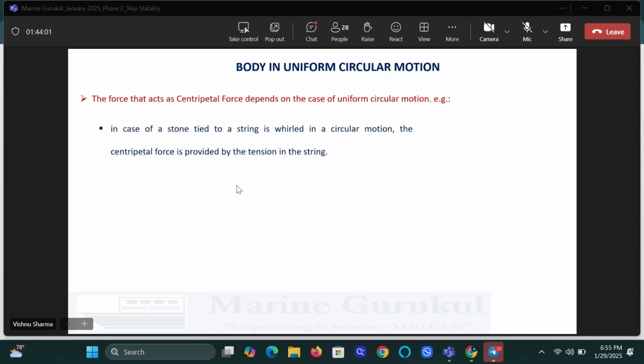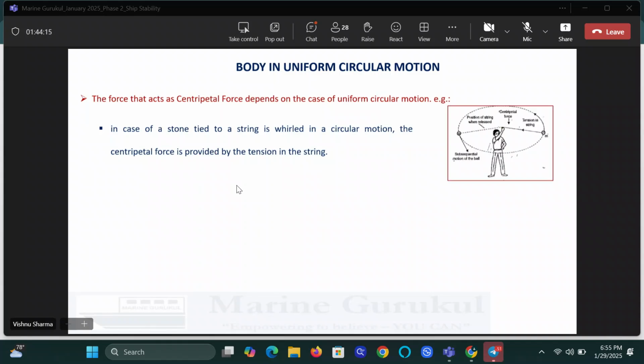For example, if you tie a stone to a string and whirl it around in a circular motion over your head, then the centripetal force is provided by the tension in the string. You see, this tension in the string here is responsible for providing the centripetal force, and that is what keeps the stone in the circular motion.